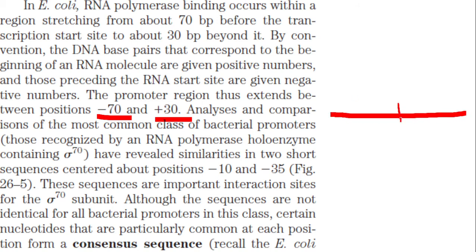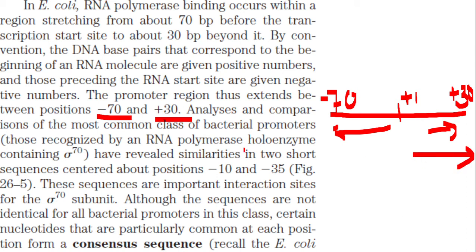There is a TSS where we say it is plus 1. Towards the left side, we have up to minus 70. Towards the right side, we have up to plus 30. And from here, actually the RNA is being produced. The promoter region extends between minus 70 and plus 30.